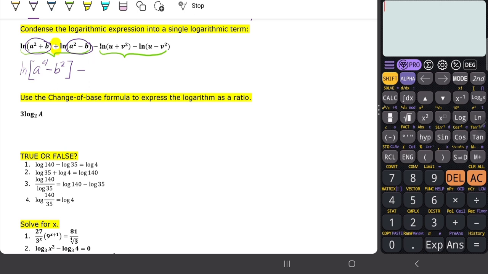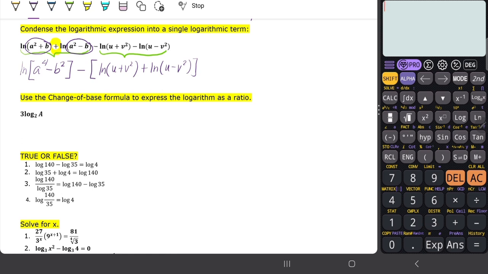Okay? So what do I mean by that? So if I factor out minus 1 here, so I can write this as minus the quantity ln u plus v squared plus ln u minus v squared.